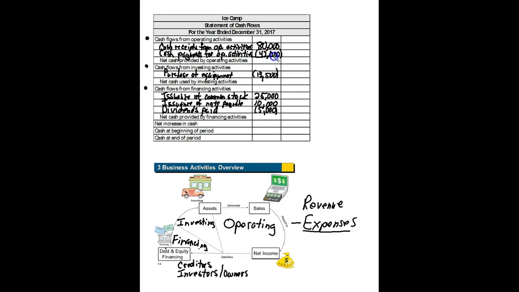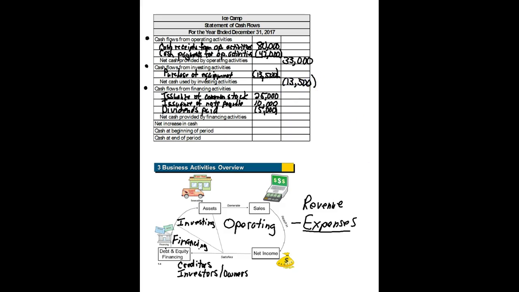Now we're going to net each of those into the right-hand column. 80 minus 47 gives us cash provided from operating activities, $33,000. There was only one investing activity, so it's going to net to itself, $13,500.